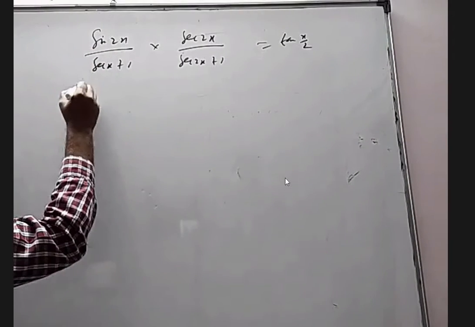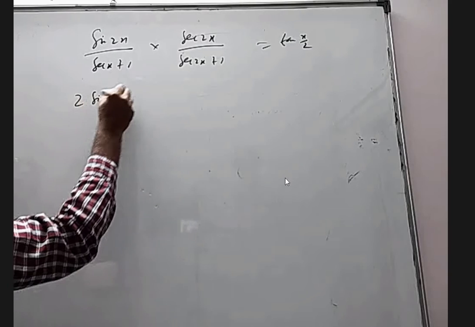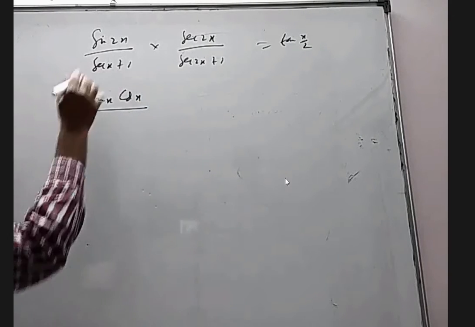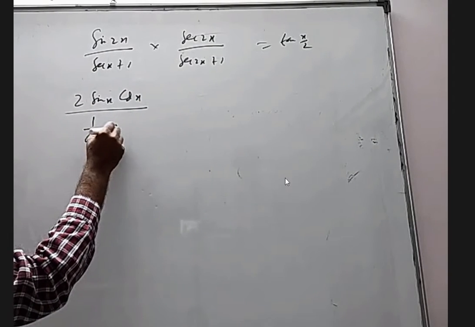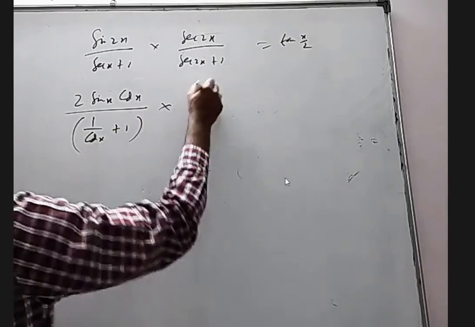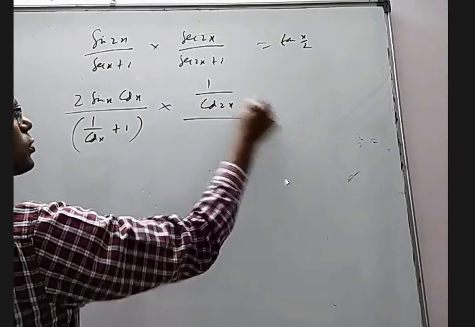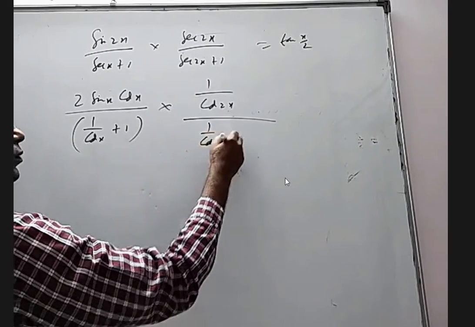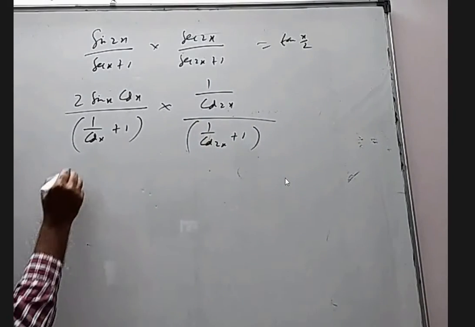Okay. Sin 2x, I am going to write 2 sin x cos x. Secant x, I will write 1 by cos x. Plus 1. This I will write 1 by cos 2x. Plus 1.